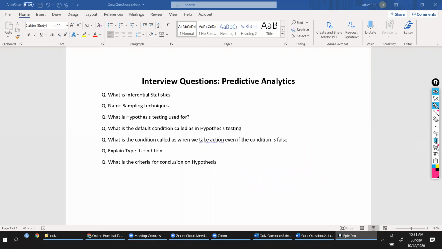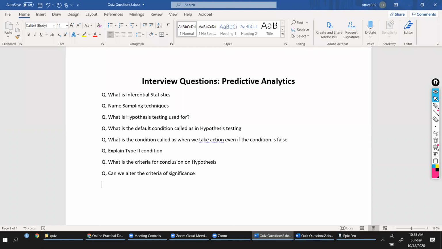Now, question to you all. The default significance level is 0.05. Very good. But can we alter the criteria of significance? Yes, we can.